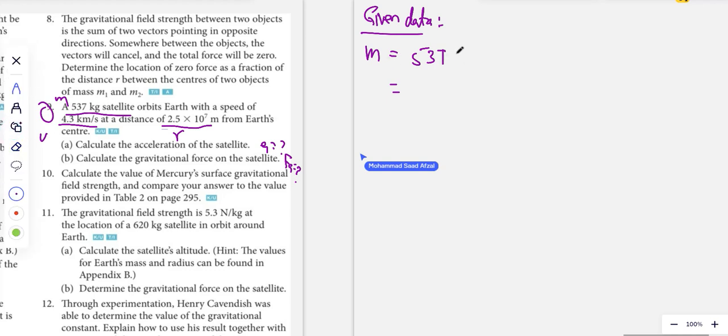It is already in kilogram. So 537 kilogram, and then the radius is given here. It equals 2.5 times 10 raised to 7.